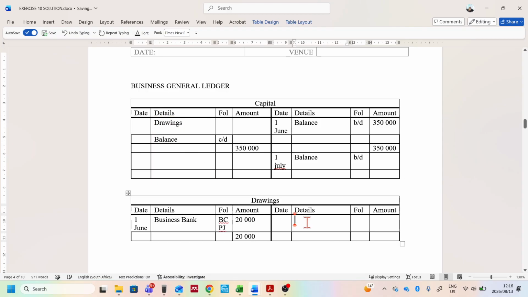This side of your drawings account, it will come and say what? Capital account. And the total will be 20,000, because we say drawings reduces the owner's claim in the business. So this is the correct principle that you're supposed to apply with your drawings account.